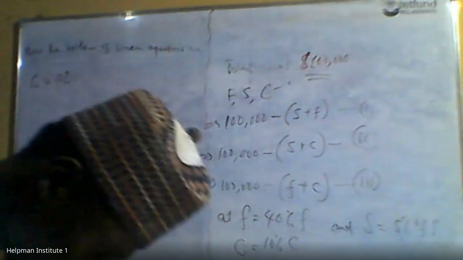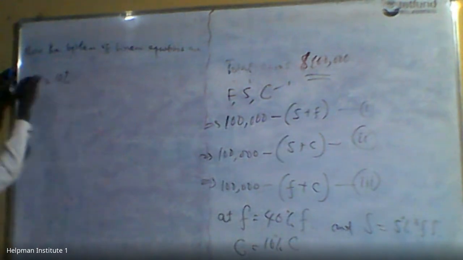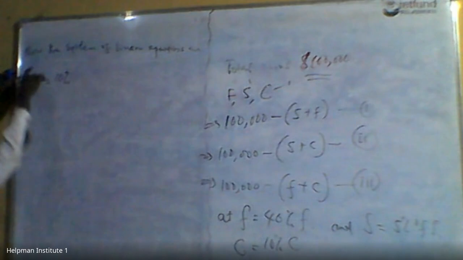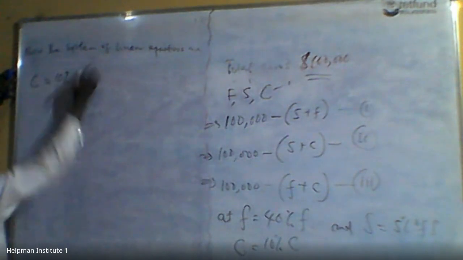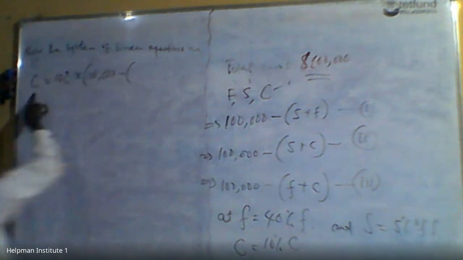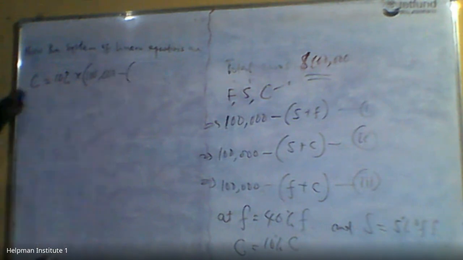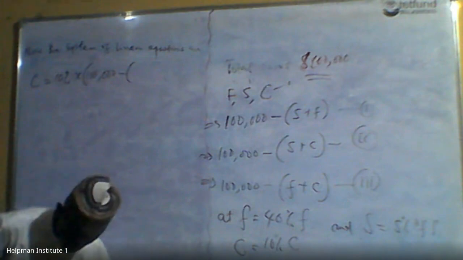Are you with me? Hello, class. Go on, go on. Are you seeing this? So the C output is equal to the C donation times the company profit, which is $100,000, minus, since we are taking C now, we have to subtract the outcomes of what remains if we take C. Class.